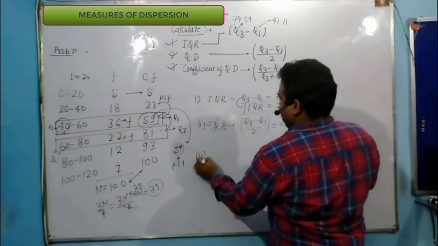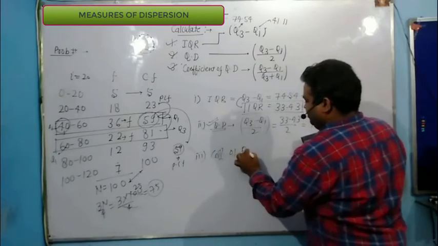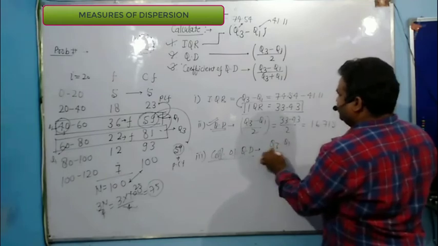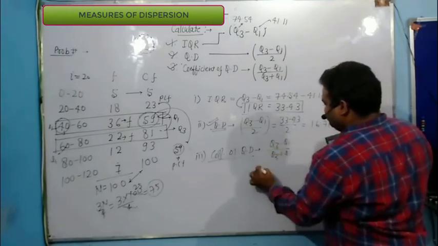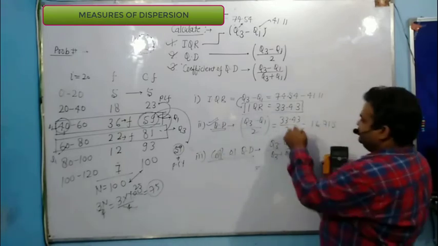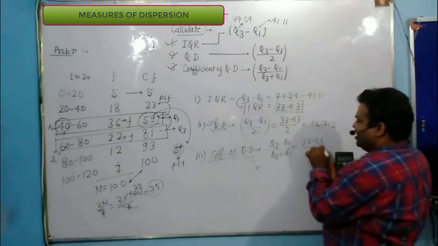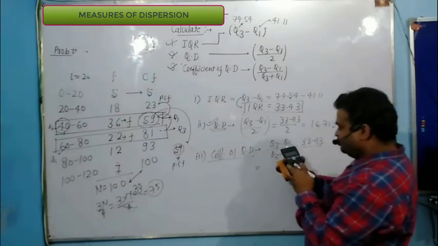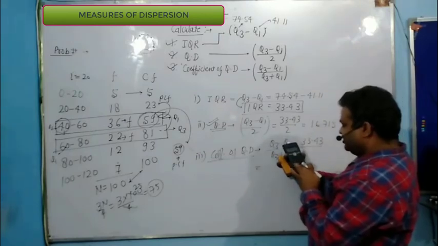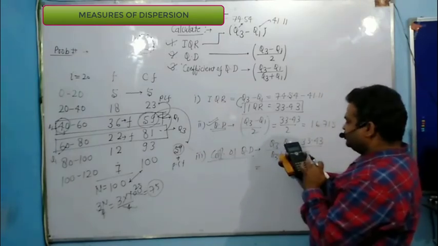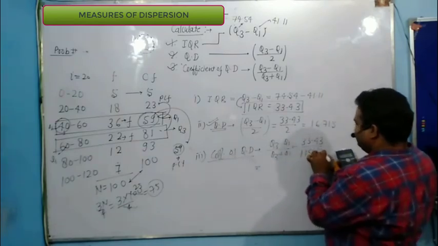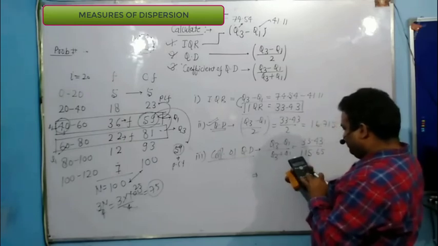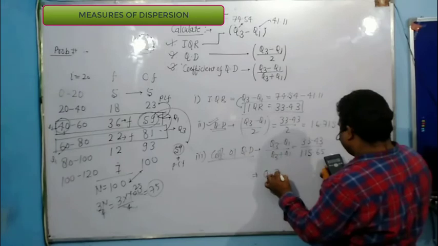Now the third is the coefficient of quartile deviation, which is Q3 minus Q1 divided by Q3 plus Q1. Q3 minus Q1 is already calculated as 33.43, divided by Q3 plus Q1. Q3 is 74.54 plus Q1 41.11 comes to 115.65. Dividing 33.43 by this value, you get 0.289.